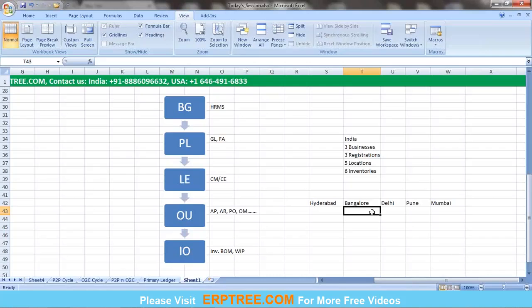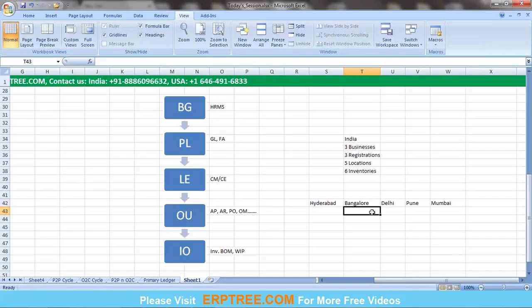Now say the client is saying, yes, we are running the business in 5 locations, but in reality we never bother about how much business we are doing in Hyderabad and Bangalore. The Hyderabad and Bangalore business will be treated as only one operation. We don't want to maintain any data separately for what transactions are taking place in Hyderabad and Bangalore. They will be treated as a common entity of the business.